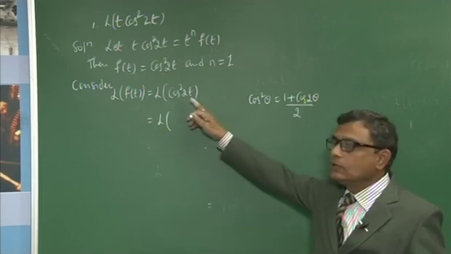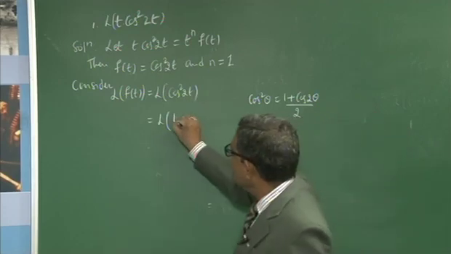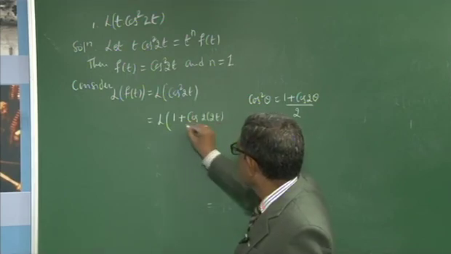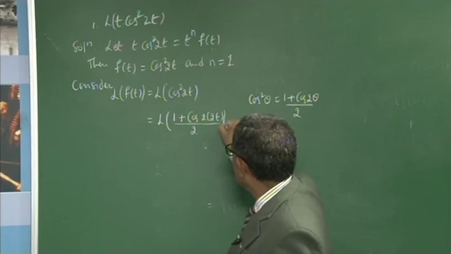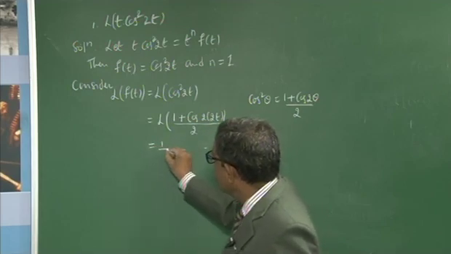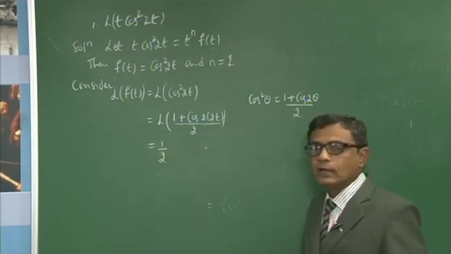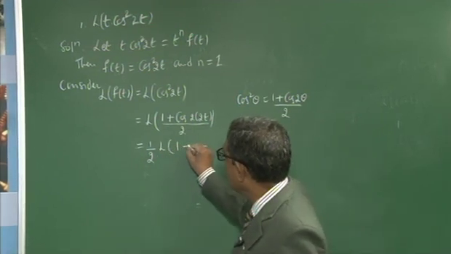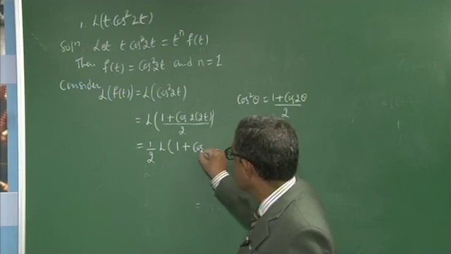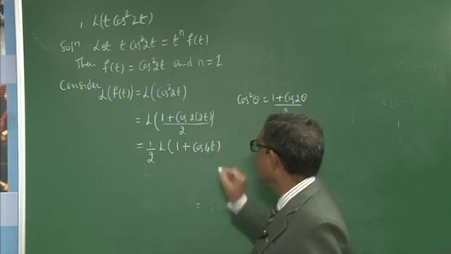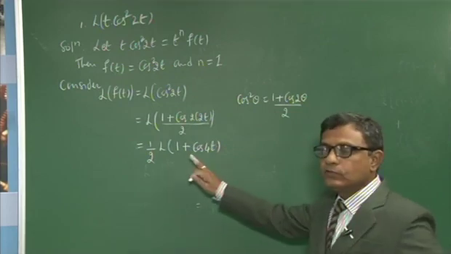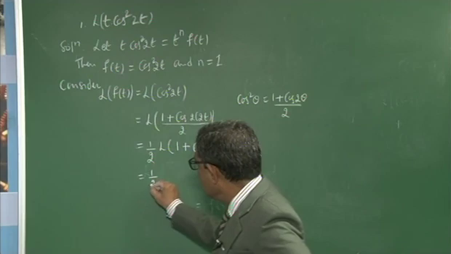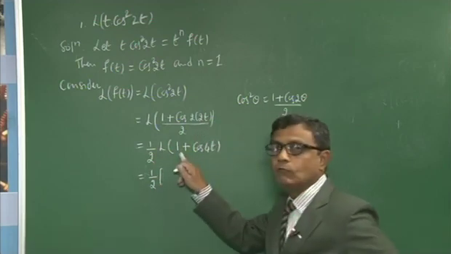Now, theta is 2t here, so it is 1 plus cos 2 into 2t divided by 2. Now, as usual, the constant you have to take outside the Laplace transform operator, and if you simplify, it is 1 plus cos 4t. Now, it reduces to the standard form. Now, what is 1 by 2? What is L of 1?